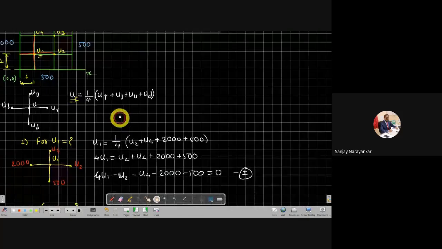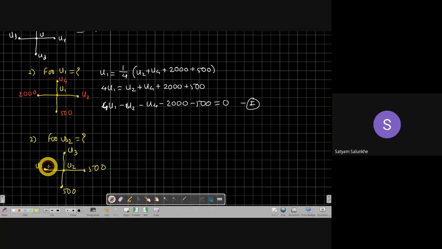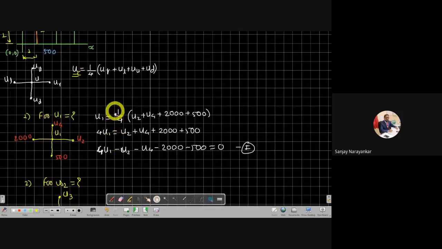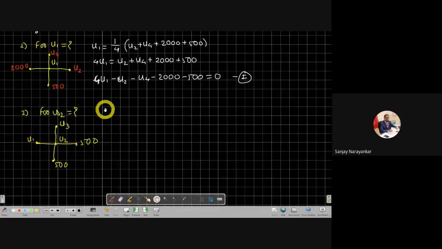U3, U1, 500, 500, right? So let us write these values. It is u3, 500, 500, and this value is u1. Correct.